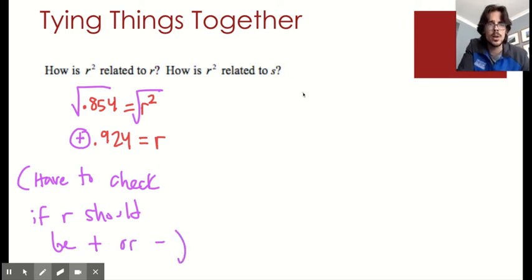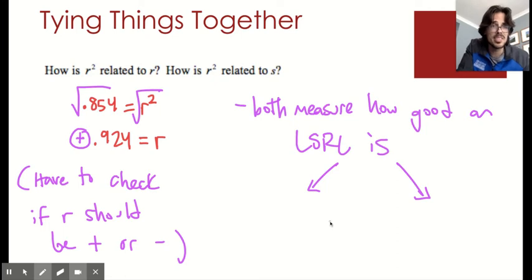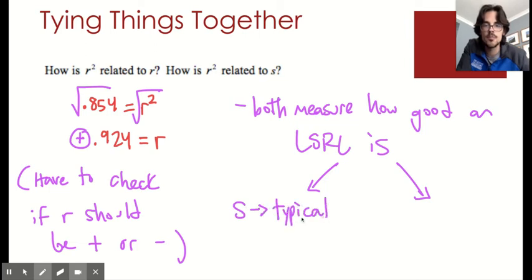How is R squared related to S? Both measure how good an LSRL is. When you look at the difference between them, though, they go about deciding how good the line is in two different ways. S talks about your typical prediction error.